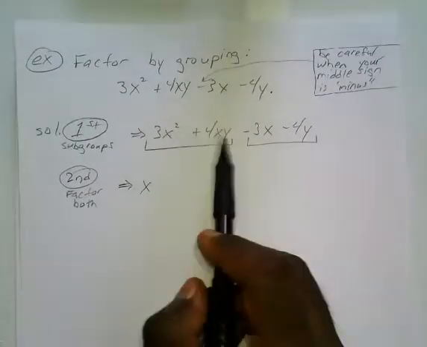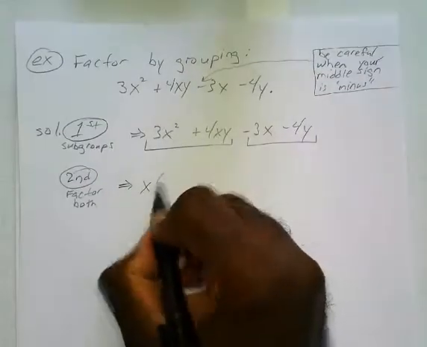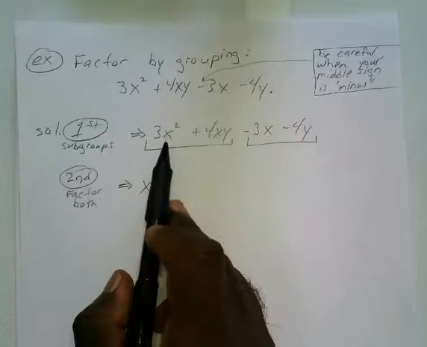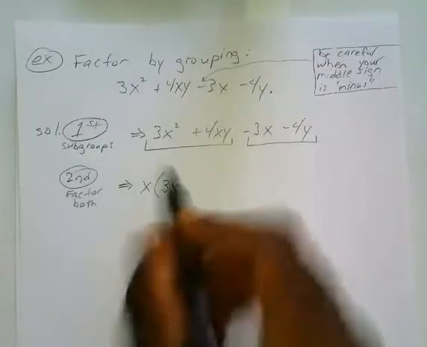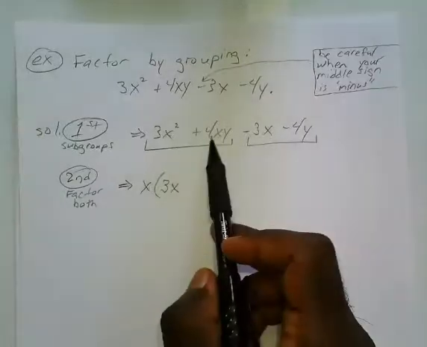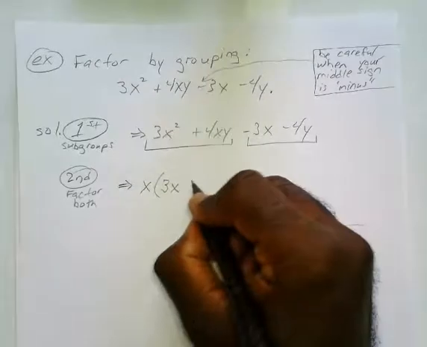Okay, so you don't have a y in both, so you can't factor that out of both of them. So x times what will give us 3x squared, 3x. And x times what will give us 4xy. Okay, so you already have the x, so you multiply that by 4 times y.